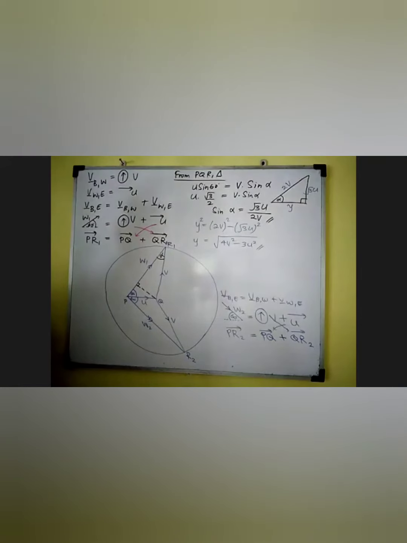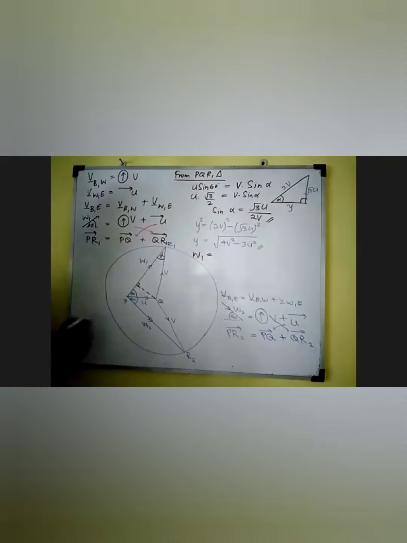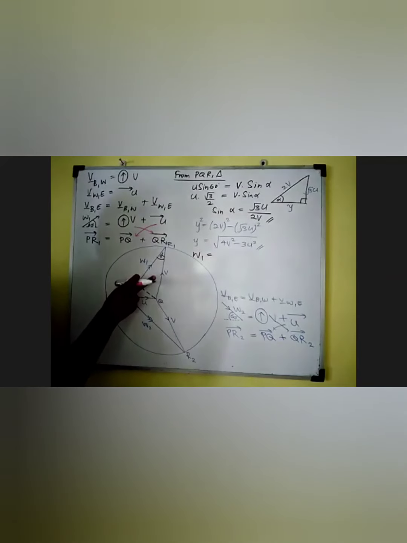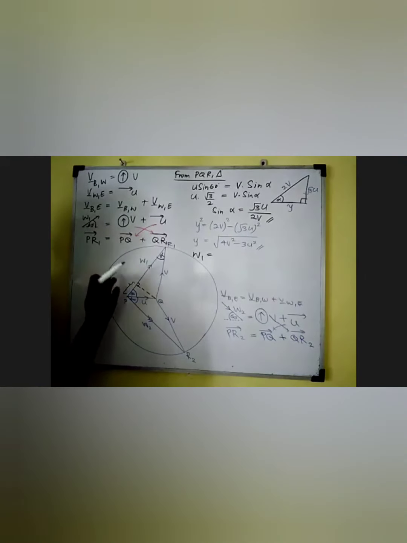Now what is W1? Again from that same triangle, what is W1? When we resolve v and u to this direction, I can resolve this u like this, then I can get this distance, that is u cos alpha, cos 60, u cos 60.